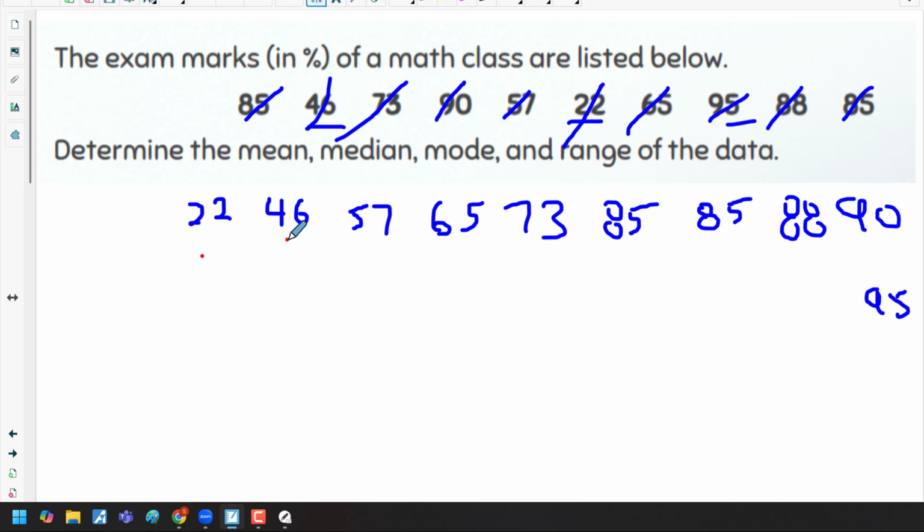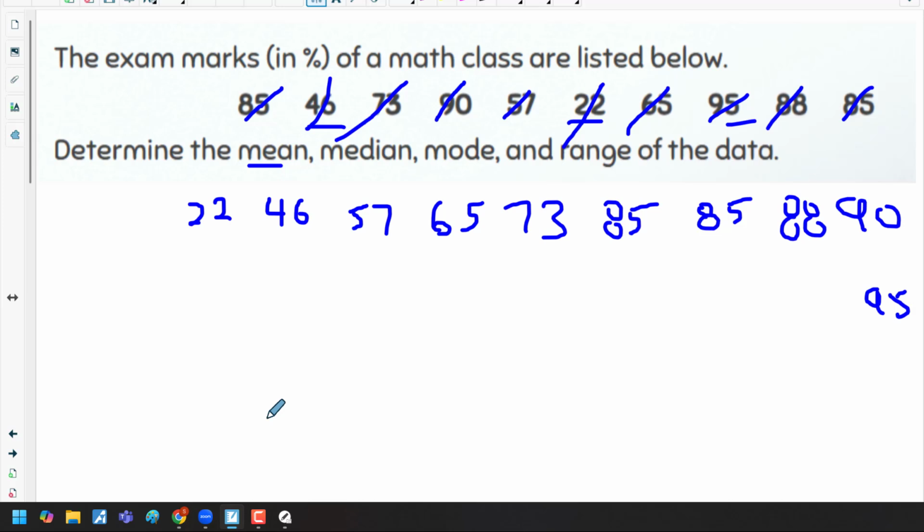For good measure, count how many numbers you have. 1, 2, 3, 4, 5, 6, 7, 8, 9, 10. Perfect. So hopefully I did that right. And now we can do our math. Mean is easy, just add all these numbers up together. So let's just do that.